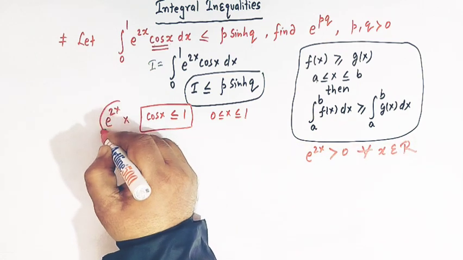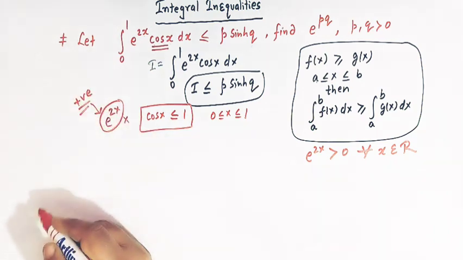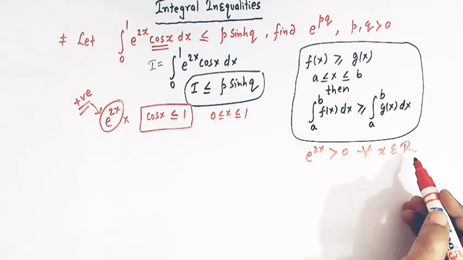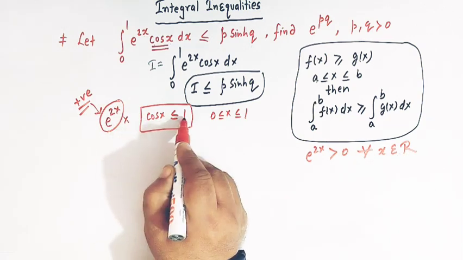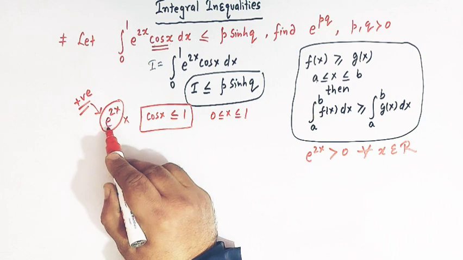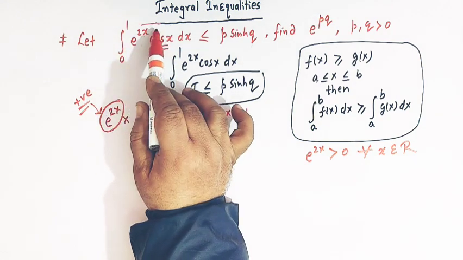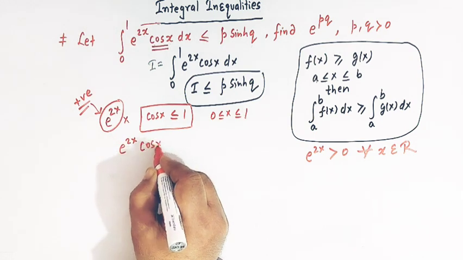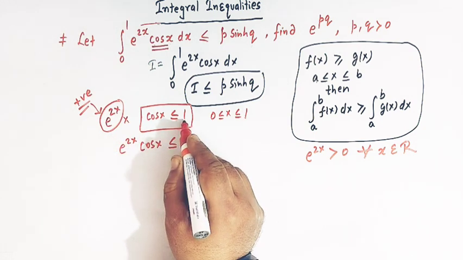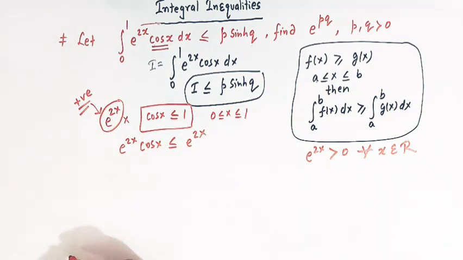So e raised to 2x is always a positive quantity for all values of x belonging to the set of real numbers. So we'll multiply cos x and 1 by e raised to 2x so that we can get this term, right? So we have now e raised to 2x cos x, and here we have 1 times e raised to 2x, so this is e raised to 2x, right?